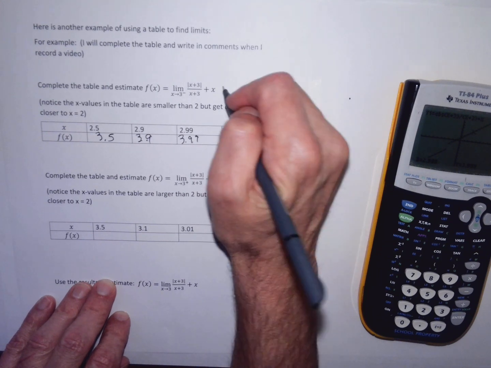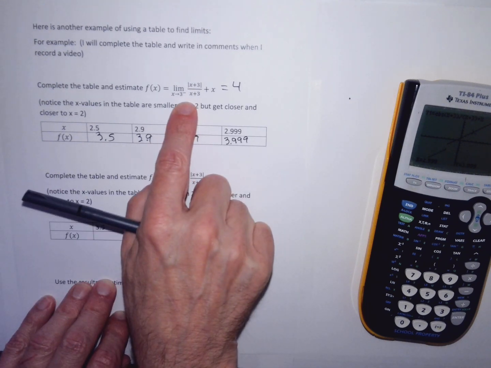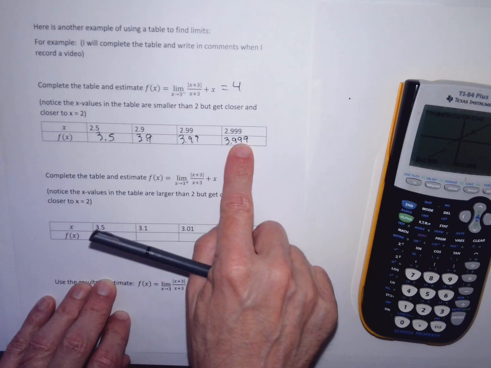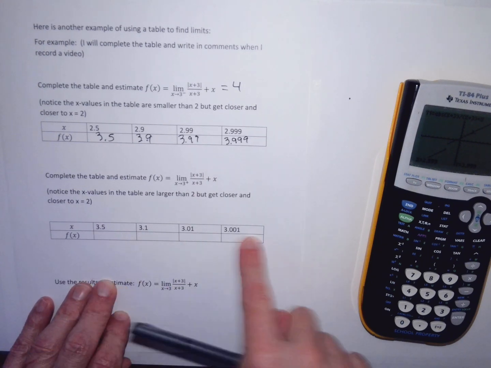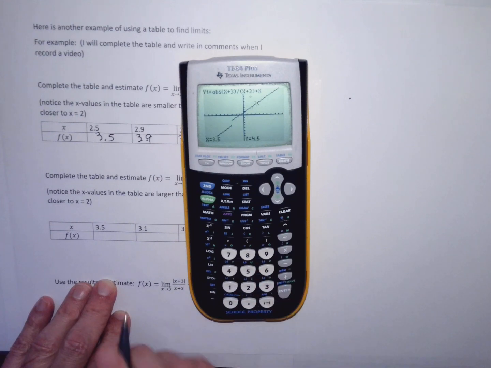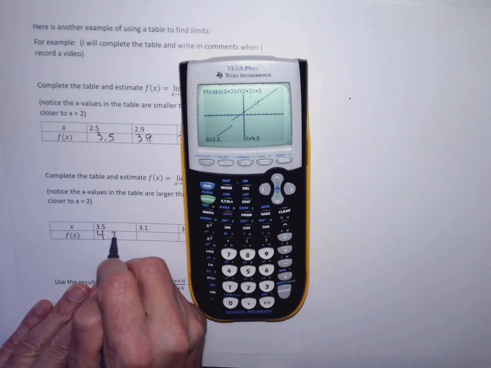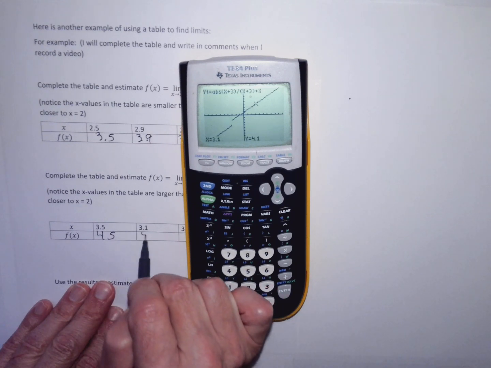So that's enough for me to know what the left-hand limit is, I believe. I believe that the left-hand limit is 4. That's taking numbers less than 3, but getting progressively closer to 3 and plugging them in. Now to do the right-hand limit, taking numbers that are bigger than 3, but progressively closer to 3. So I'll plug in 3.5 and get 4.5. I'll plug in 3.1 and get 4.1.